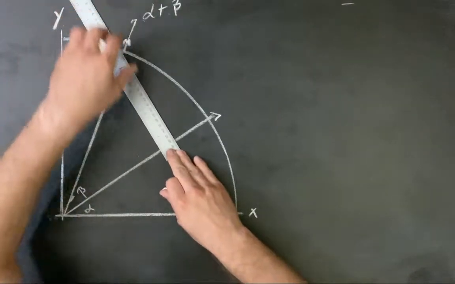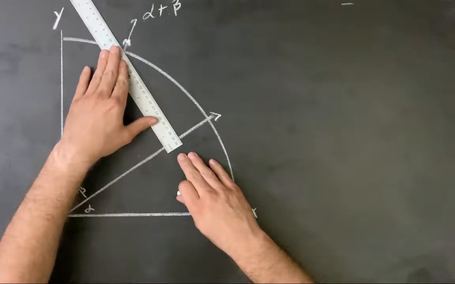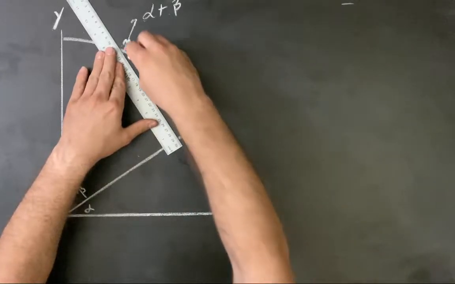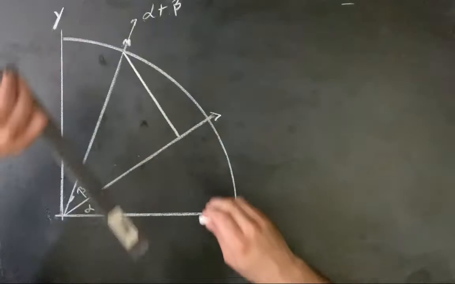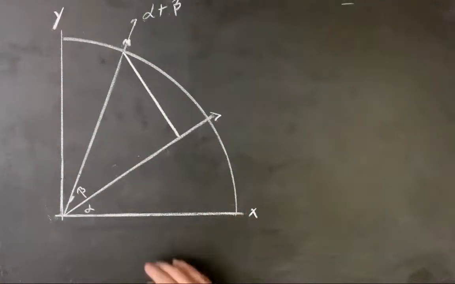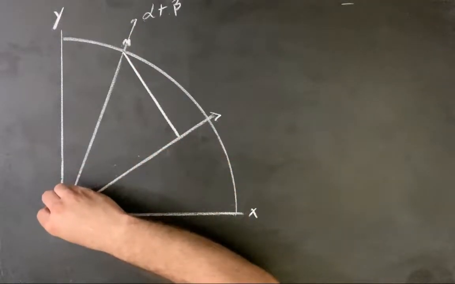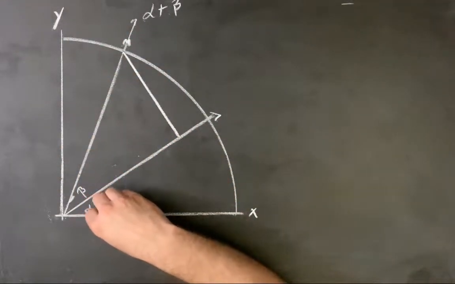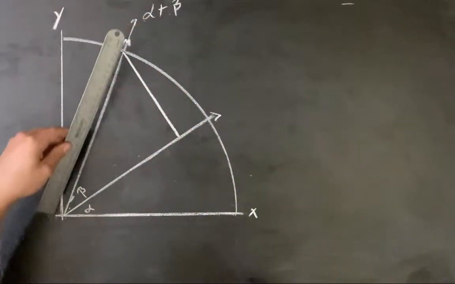So I'm going to use the straight edge to find the perpendicular line down to the ray. And I'm going to do the projection from the point on the unit circle where the ray that's formed by angle alpha plus beta hits the unit circle.